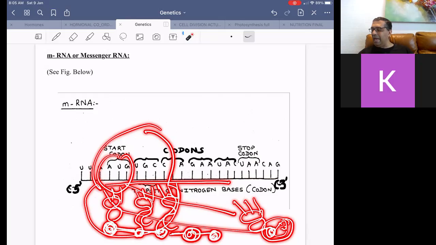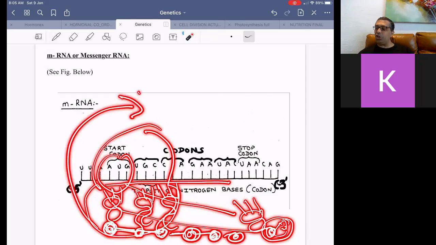That process is called translation. What is that process called? Translation.